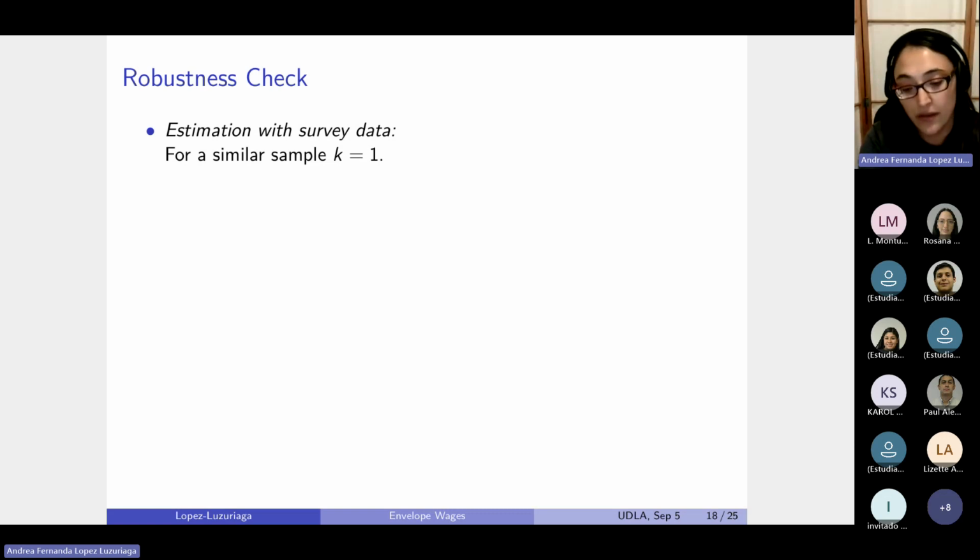We use the Encuesta de Condiciones de Vida, the last one of 2017, I think, 16, 17, that is more or less at the same time. And we find that for a comparable sample of individuals, this parameter that we are estimating is no different from 1. So basically, we look at the survey data, where you are reporting your income and your consumption and everything, and then we calculate consumption of food. I don't find any systematic difference between public sector and private sector employees.